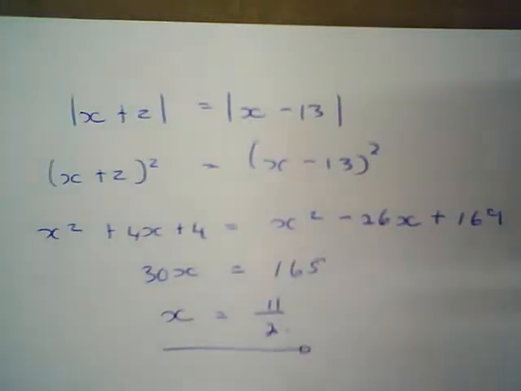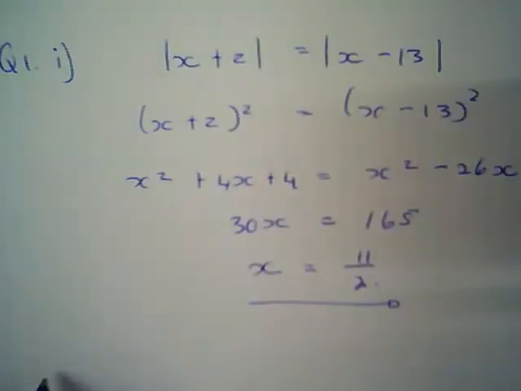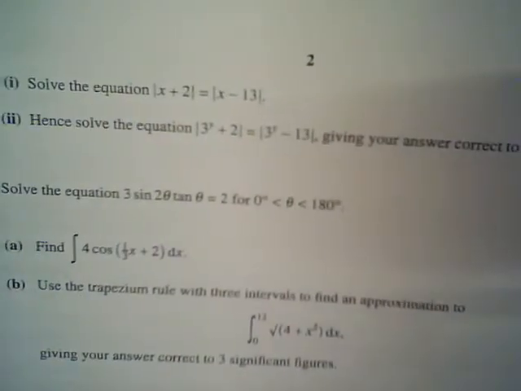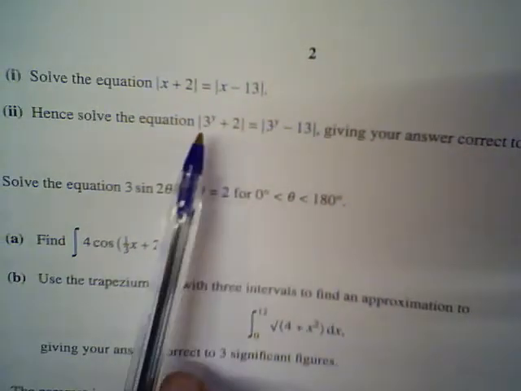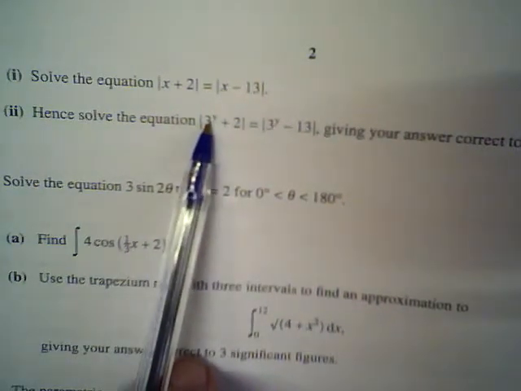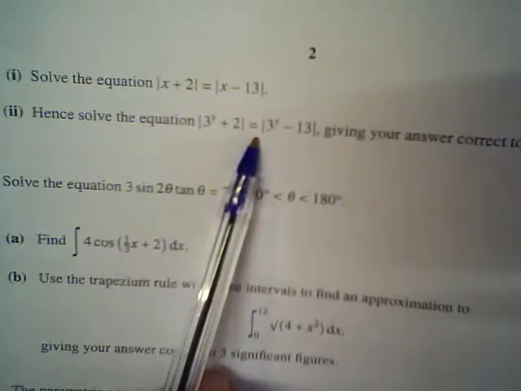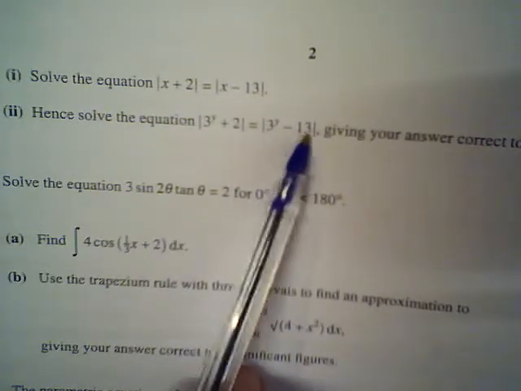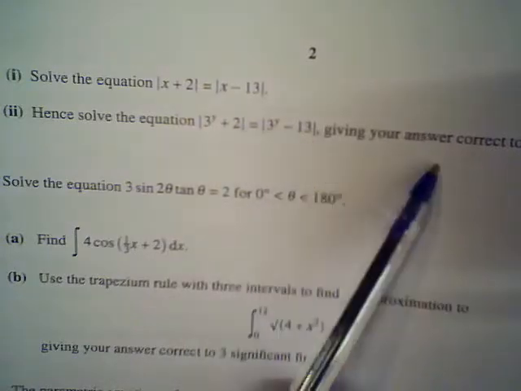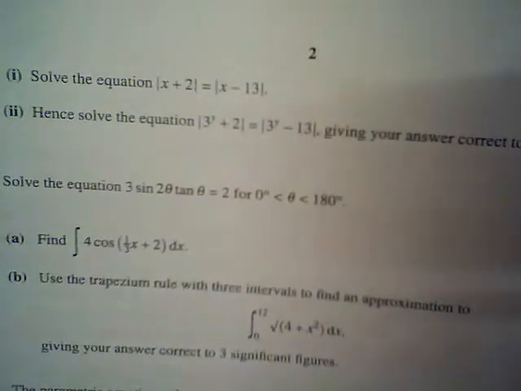Okay, so for part 2, they ask us now, hence solve the equation: absolute value of 3 to the power y plus 2 equals absolute value of 3 to the power y minus 13, giving your answer correct to 3 significant figures.